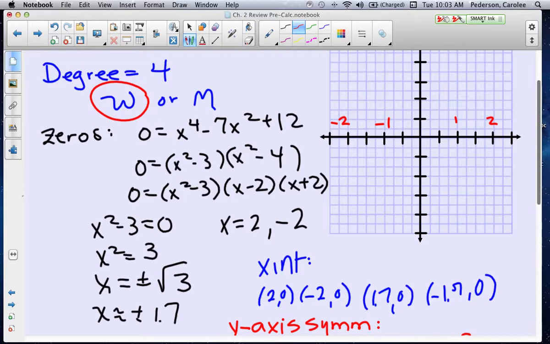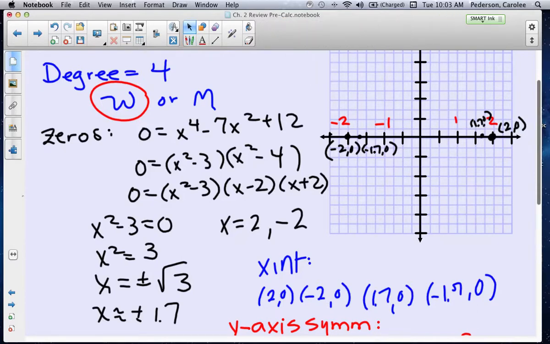And identify your 4 x-intercepts, (2, 0), (-2, 0), and then I have another one at 1.7, which is about here maybe, pretty scrunched up still, and then (-1.7, 0). Now the end behavior, we said, opens up on the right and on the left.